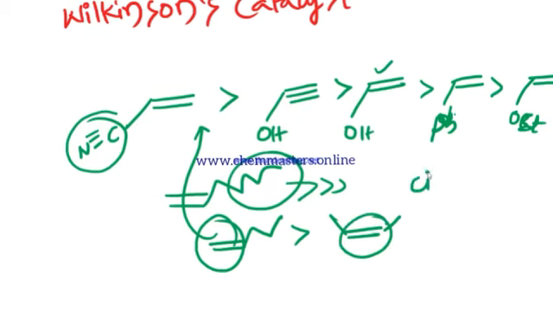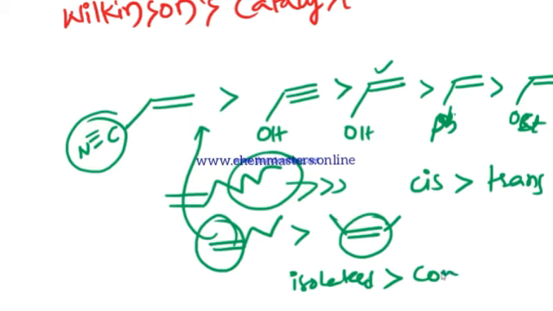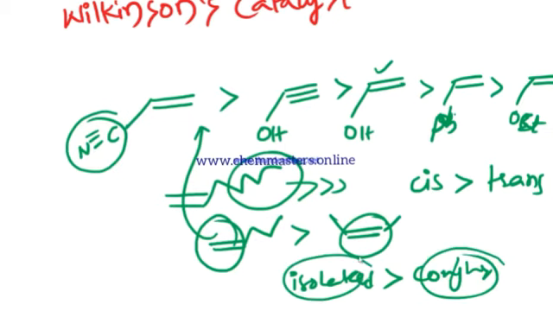Cis olefins are preferred for hydrogenation with Wilkinson's catalyst when compared with trans olefins. And isolated olefins are hydrogenated in preference to conjugated olefins. So just take all of these substrate selectivities of Wilkinson's catalyst.